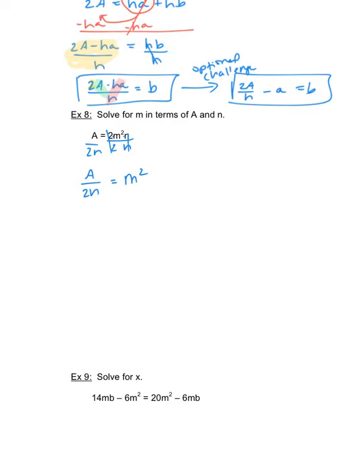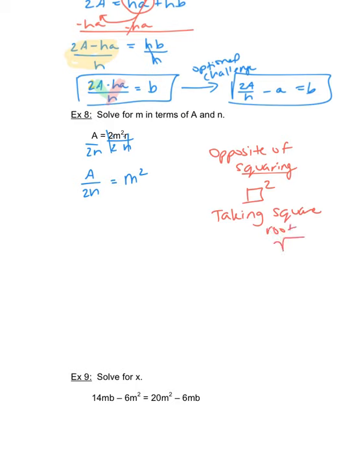Now, this m squared is telling you that some number squared equals a over 2n. The opposite of squaring a number, if you can think back to last year, the opposite of squaring, meaning some number to the second power, is to take the square root. Taking square root, which is this symbol.